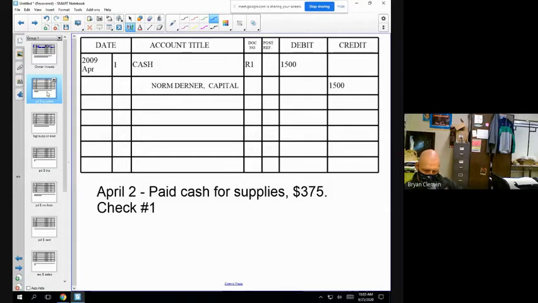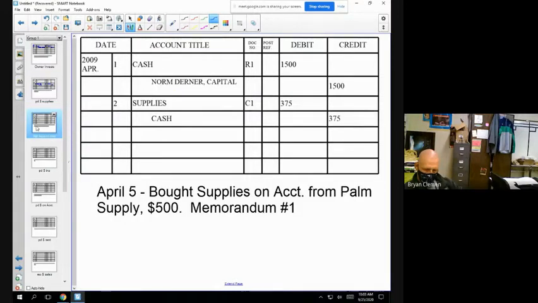Okay. So what's the debit for that one? Supplies. Yeah. And then credit. All right, Bryce, can you read that one, please?